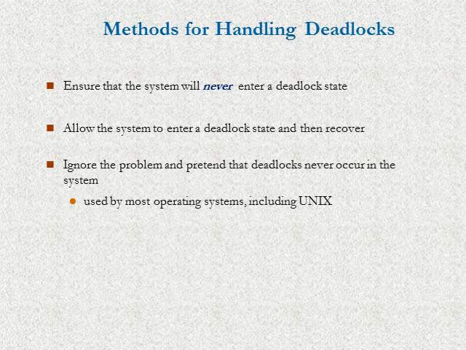So if we just ignore the problem and let the system enter into a deadlock, this particular situation may occur only once in a while, and still the cost of this may not be as much compared to the methods that we install or implement in order to prevent the deadlock altogether.